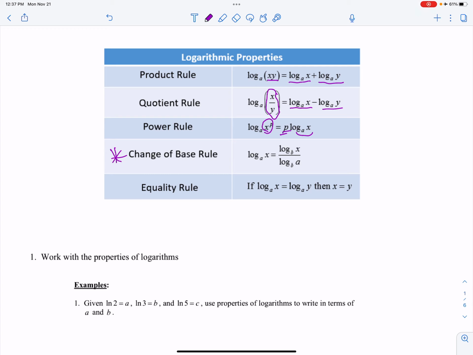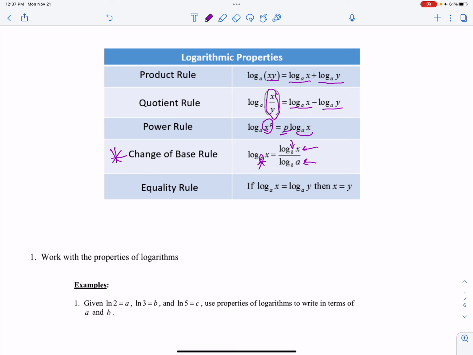So the change of base formula takes a log of some base and we can rewrite it with the log with the base of what we want, and it's the value that's inside the log divided by the log of whatever that base was that we were working in.